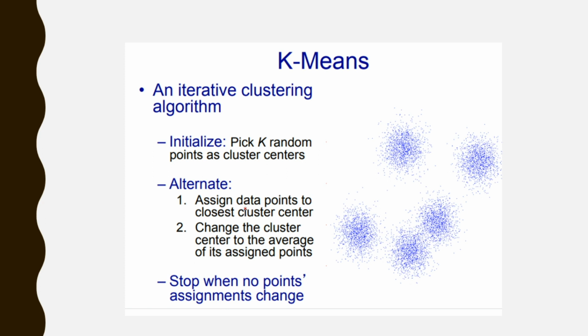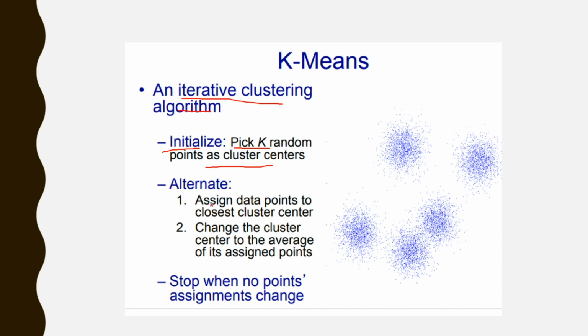As a part of clustering, we are going to use the k-means clustering algorithm. K-means clustering is an iterative clustering algorithm. As an initialization, we pick k random points as cluster centers. K can be any integer, such as 2, 3 or 4, and based on that, the number of clusters is formed.